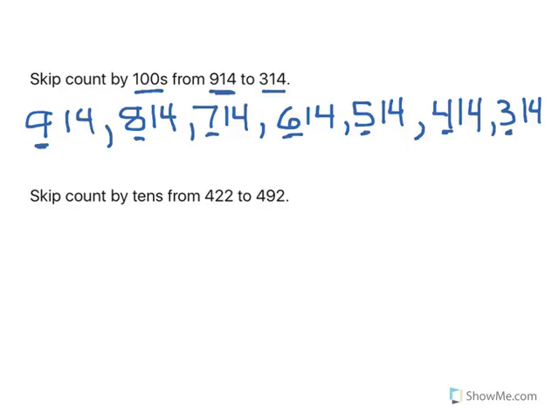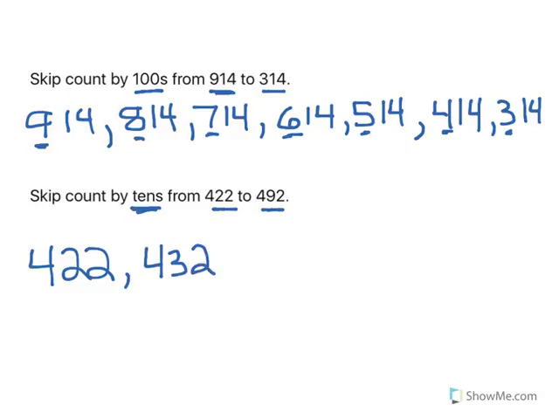My next one is skip count by tens from 422 to 492. So this time we're doing tens, so that means our tens place is changing, and we're going from 422 to 492, which is showing I'm counting up. So I have 422, then I'm adding 10 on, which gives me 432.